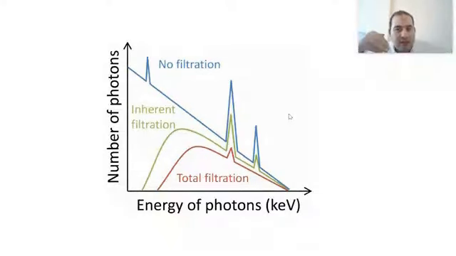If I increase this filtration, it will affect things. For example, in mammography, you use a specific type of filter that is different from the regular X-ray tube and different from the CT. Each application has its own specific filter, so your X-ray spectrum will differ. However, the inherent filtration is related to the housing or the envelope of the X-ray tube itself.